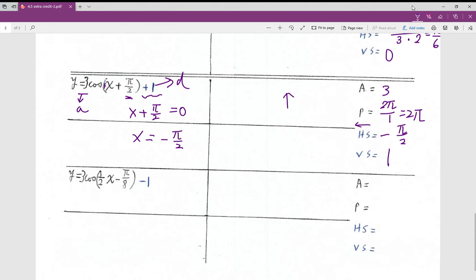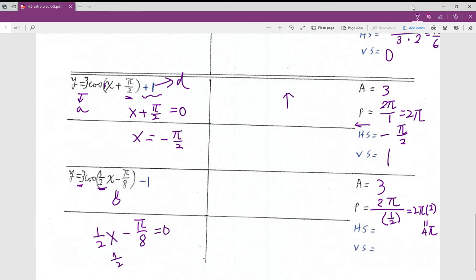Okay. And in the end, the last one, amplitude is 3, and the period is 2 pi divided by 1/2, which means 2 pi times 2, which is 4 pi. Okay, and the horizontal, you make this one equal to 0. 1/2 x minus pi over 8 is 0.